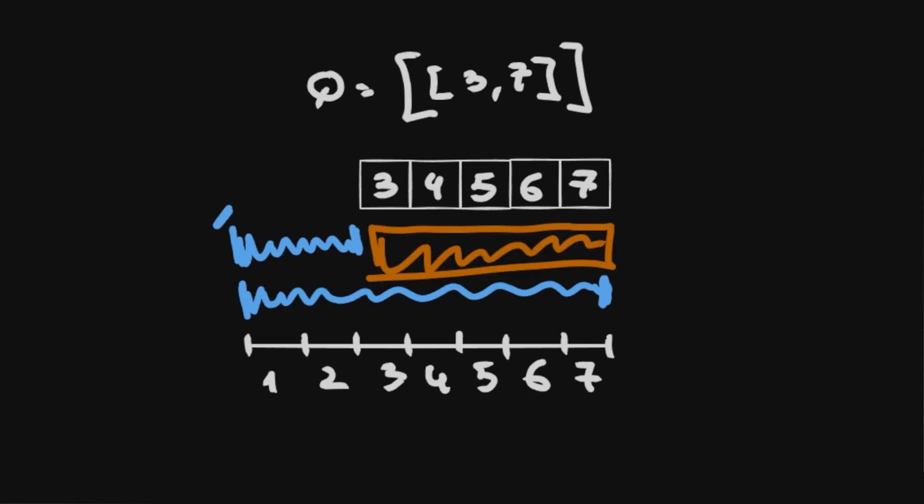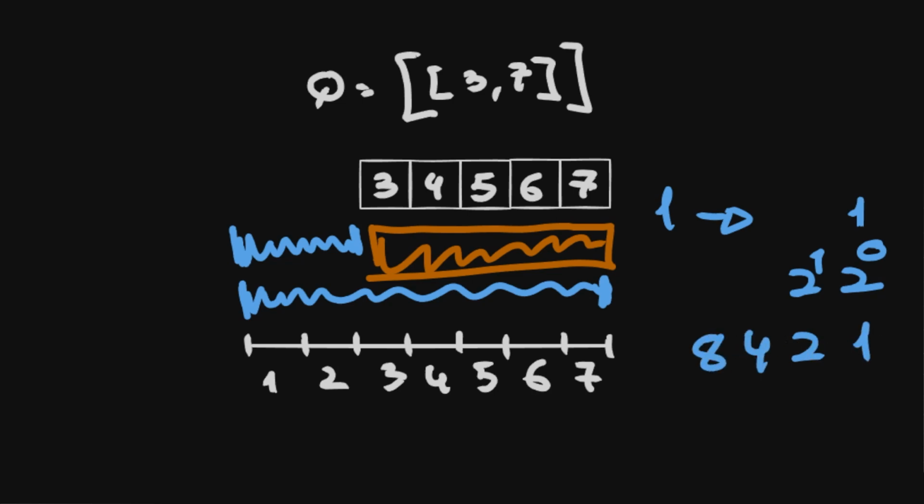Now let's say we want to get this range of operations first, meaning operations from 1 to 2. We start from 1, and 1 in binary is 1. And remember the positions. This corresponds to 2 to the power of 0. So we start from here. Remember that the next position here is this times 2, or 2 to the power of 1, meaning 2. 2 to the power of 0 is 1. Next we have 4, 8, and so on.